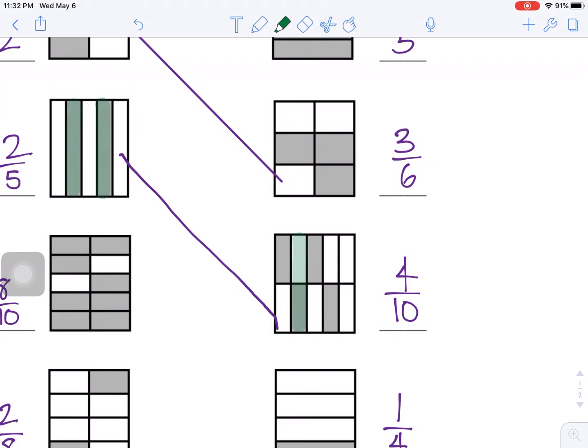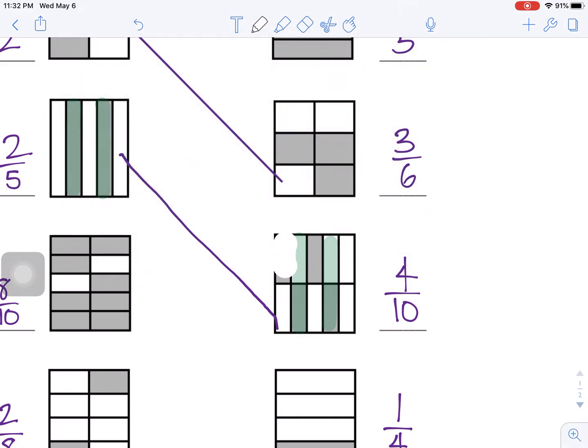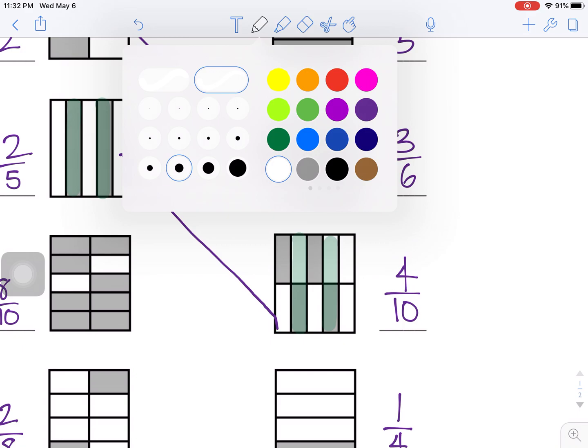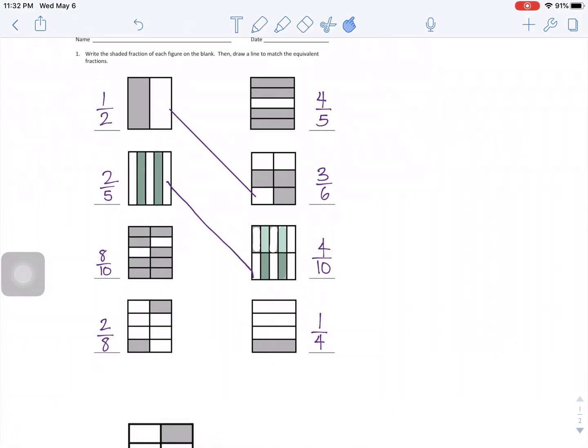If I color in those same 2 bars, and I forget about this part, I'm going to even color this white just for our reference here. If I colored in these ones right here, and we no longer have gray, look what happens. Those two look almost alike. They're pretty much the same figure. So that's one way we can show that too.